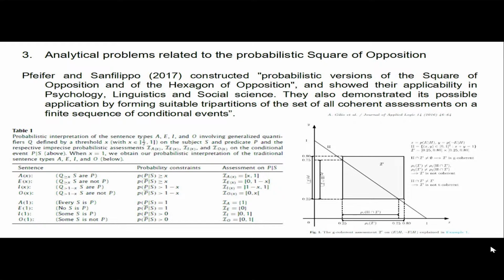In several papers, they also introduced truth functions and combined them, which is a logical thing since we have already seen that it works, with the square of opposition and some extensions to the hexagon of oppositions.